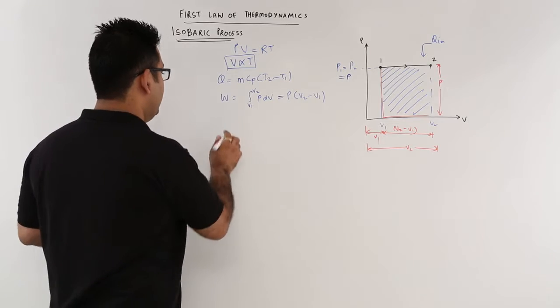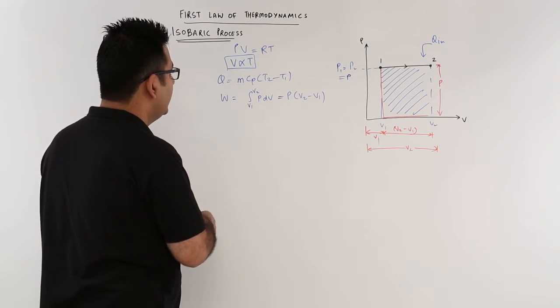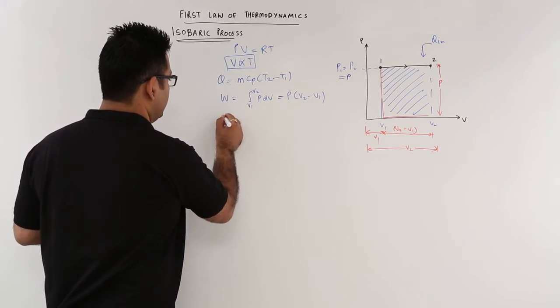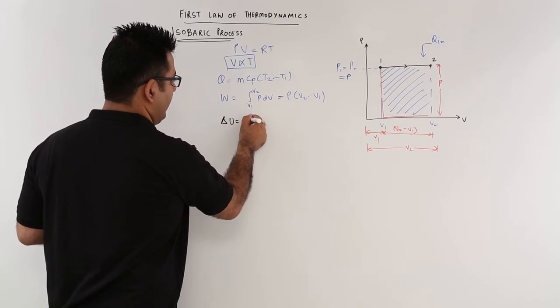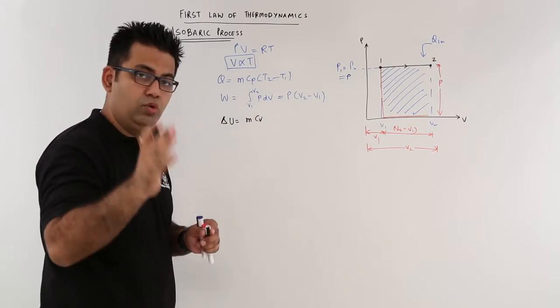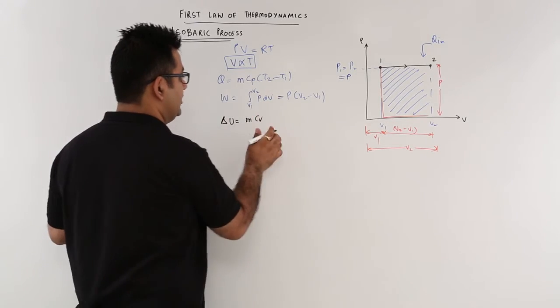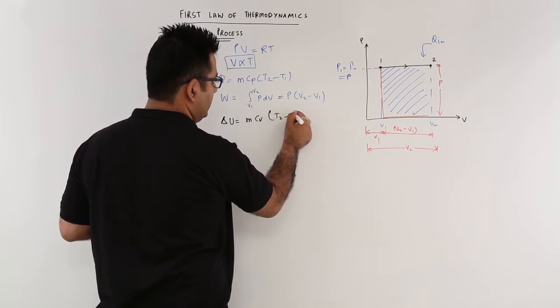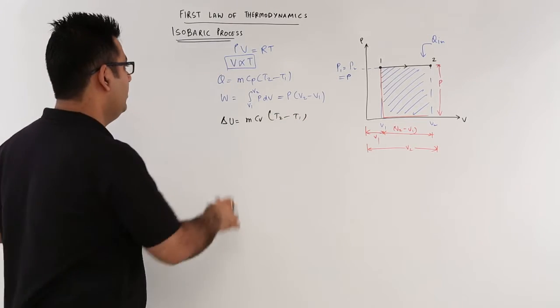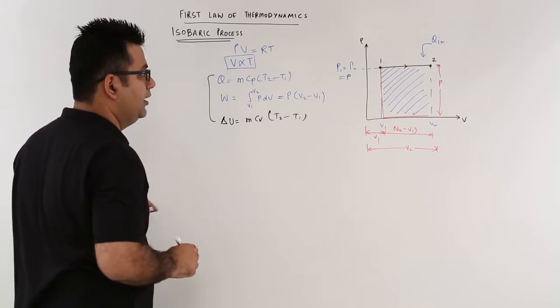Now the value of change in the internal energy, that is delta U, is equal to m into Cv into T2 minus T1. Now U always has Cv with it, it does not have Cp. Now simply apply the first law.